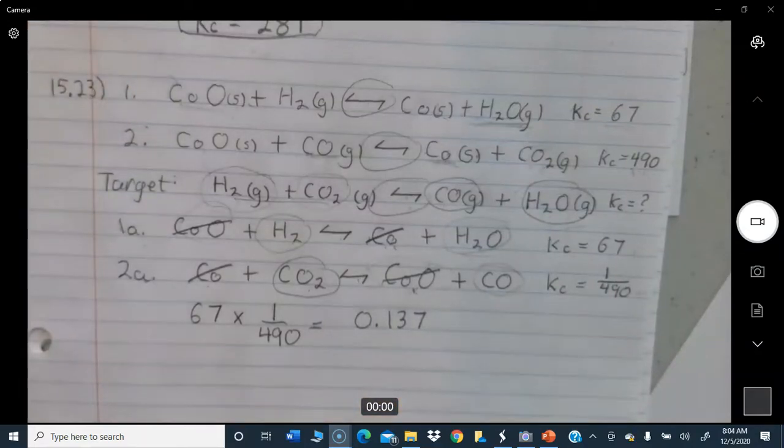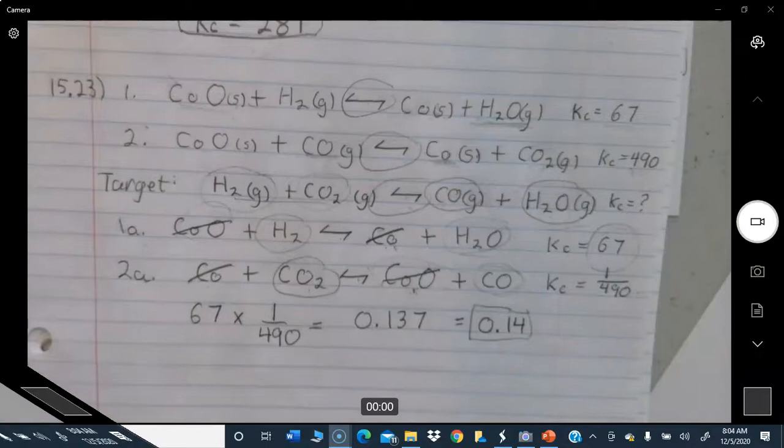And that is your final answer. Or to sig figs if you want to do it, because you only have 2 there, it could be this. That's what your book shows because of the sig figs there. All right, let's go on to the next one.